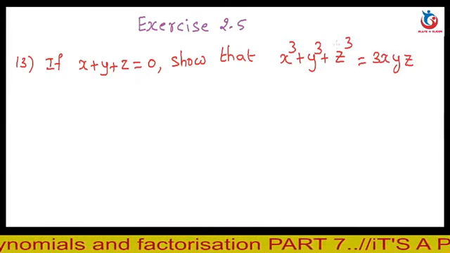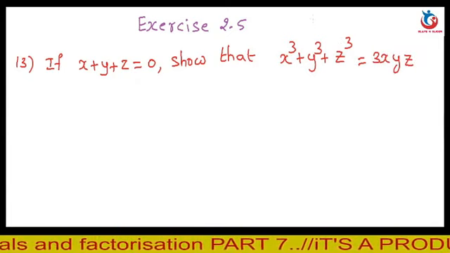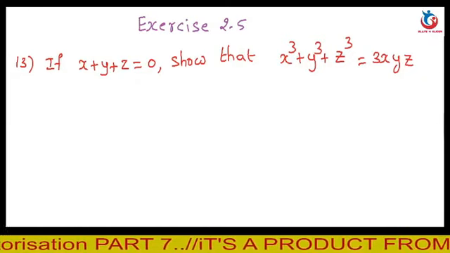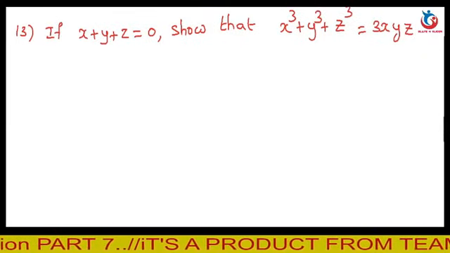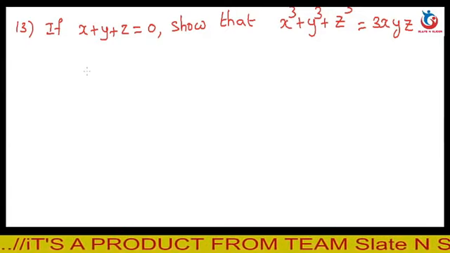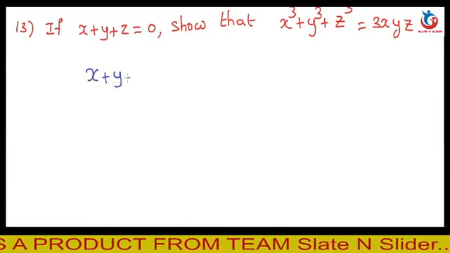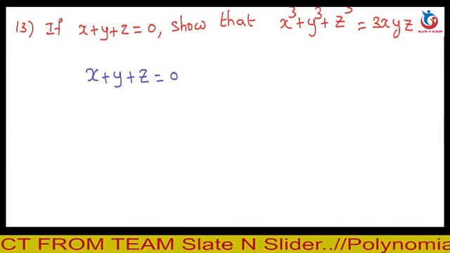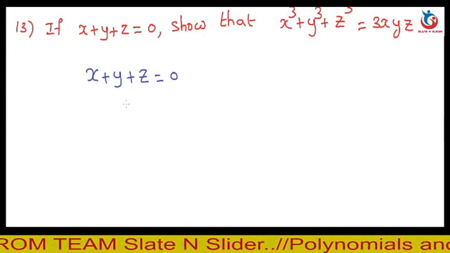So how to do this? For this we have to recall the identities which we have learnt so far. So x + y + z is equal to 0. Now what I am doing, just I am sending + z to another side.